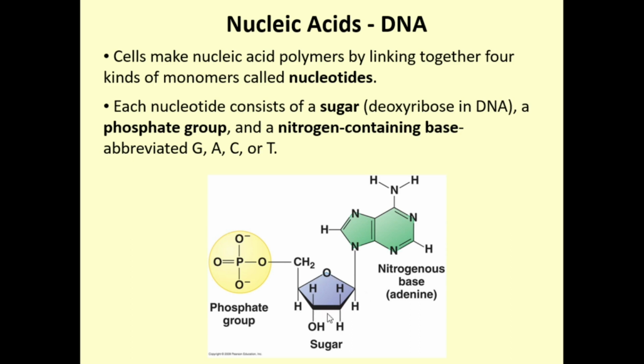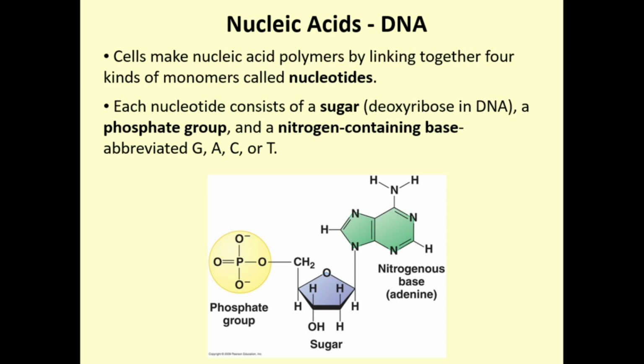Attached to the deoxyribose, we have a phosphate group, so a phosphorus surrounded by oxygens. We actually saw these in our last session when we were looking at lipids. We saw these attached to our glycerol molecule along with 2 fatty acids to make a phospholipid. So we see a phosphate group again here in the nucleotides of DNA and RNA.